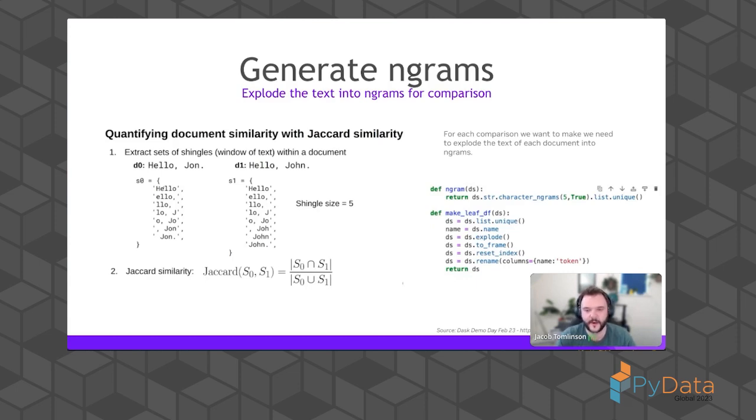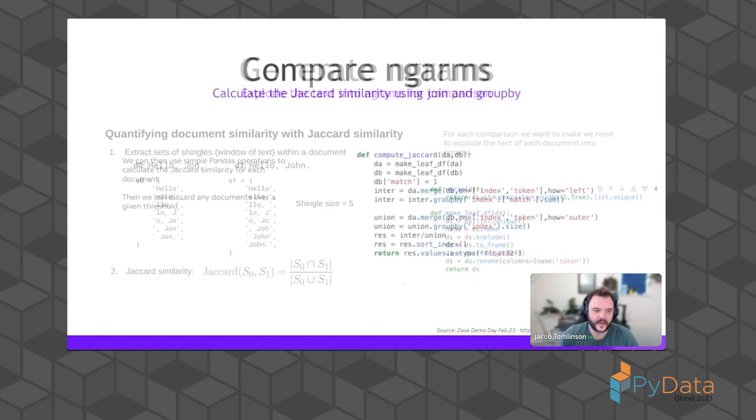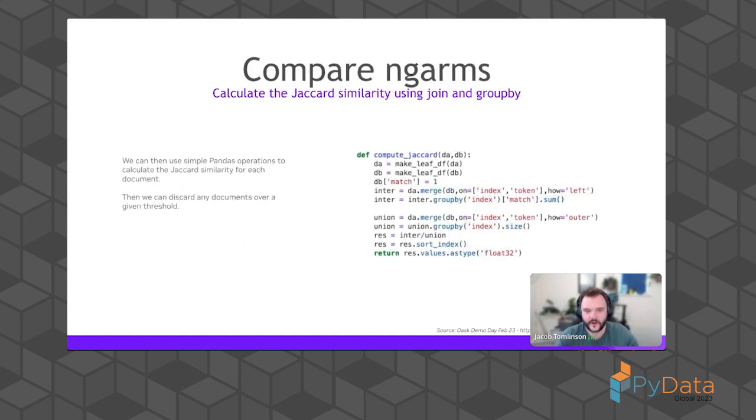So we can use the pandas explode operation, but because we've loaded this with Dask cuDF, it's still the same pandas API that we know and love, but it's now a chunked, distributed, accelerated variation of that same operation. We can then, on each row, use standard pandas operations like join, group by and divide to compare these n-grams with each other, add them up, and work out what the Jaccard similarity is for each one.